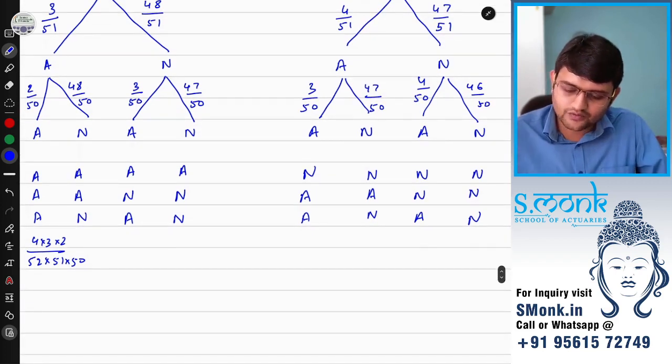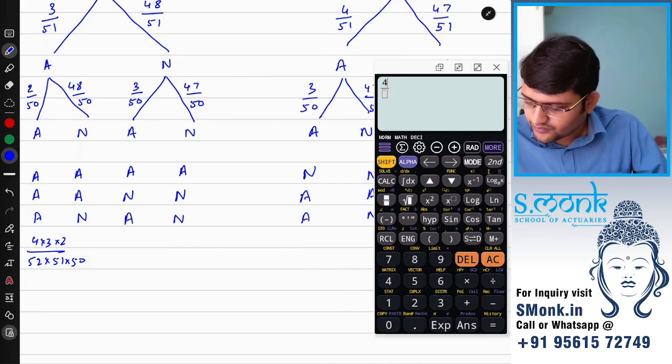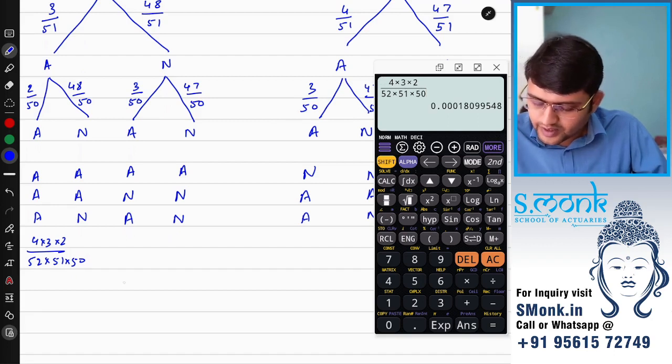So right now, if you want the probability, we have 4 into 3 into 2. And the probability of getting ace, ace and ace, or you can say probability of 3 aces, however you want to write.